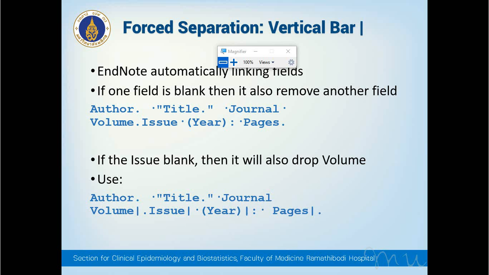And the forced separation that you see: EndNote will try to link the fields that are separated together, for example the author, the title, and the journal here. If the issue is blank, then it will drop the volume. If two fields are put together and one field is blank, then it will drop everything that is linked together.